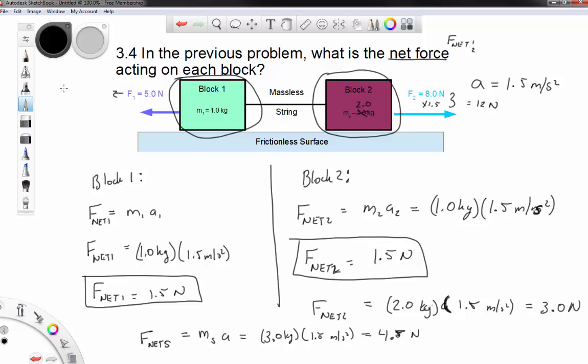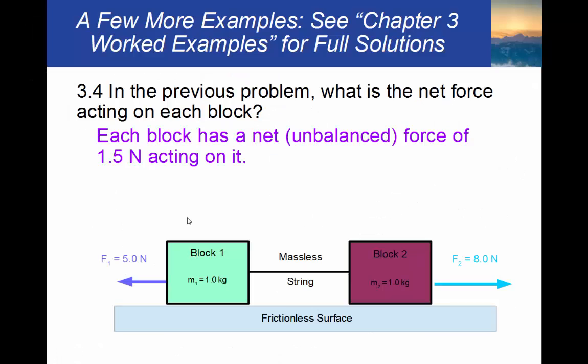And I might multiply this by 1.5, so you'd have 5 newtons times 1.5, which would give us 7.5 newtons. And if you subtract 12 minus 7.5, you end up with 4.5 newtons. So any of those ways will give you the correct amount of force in order to make this happen.